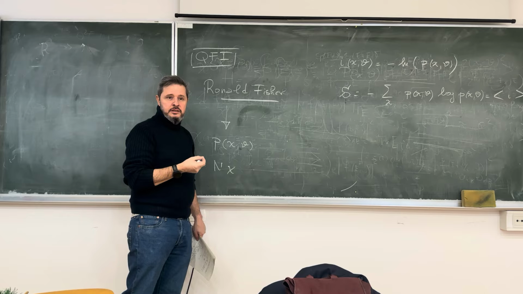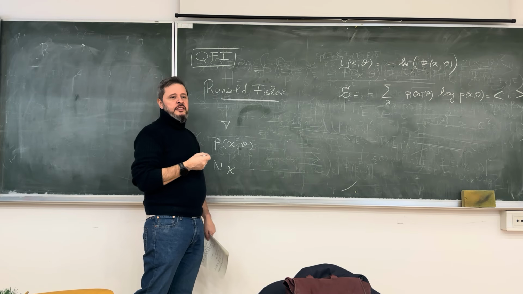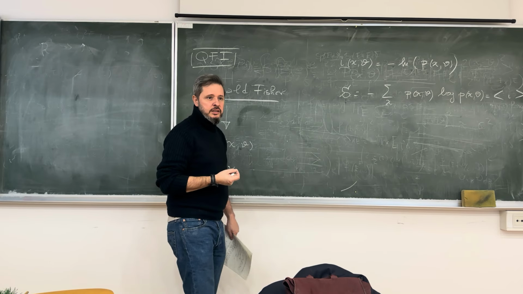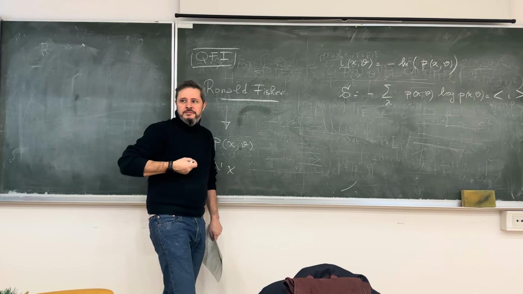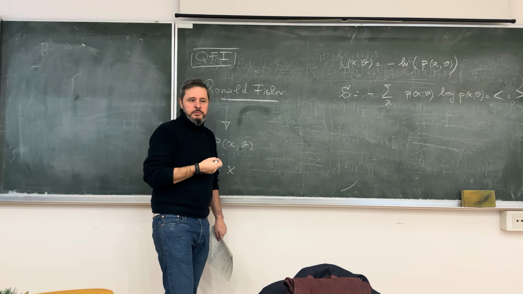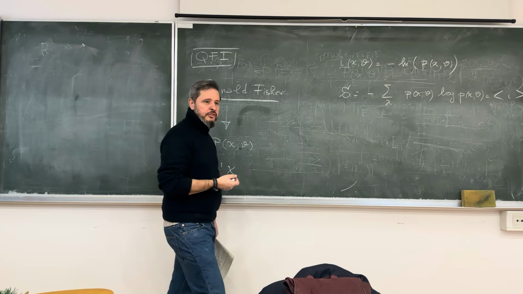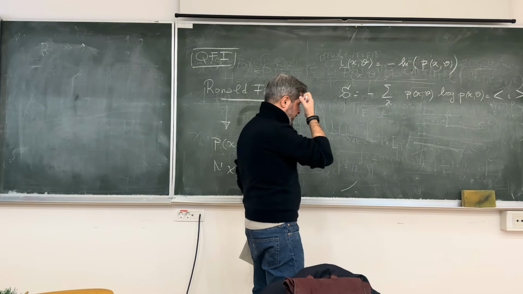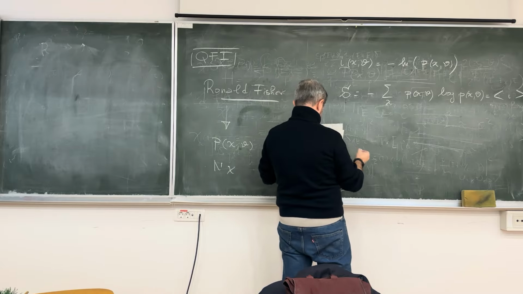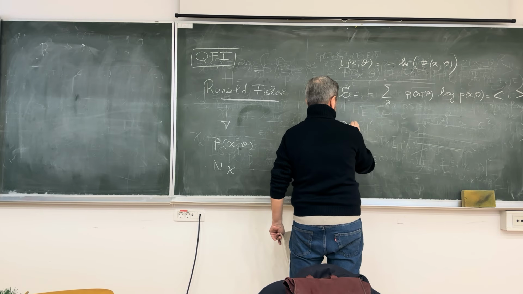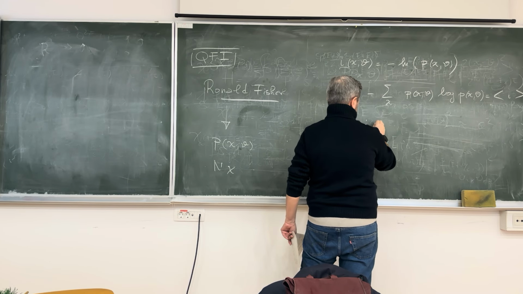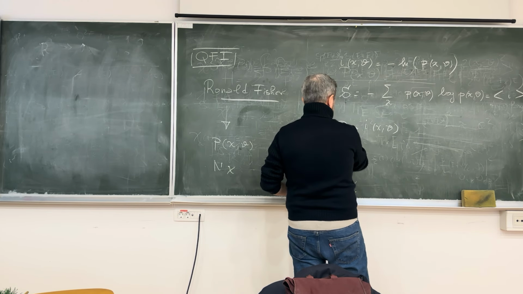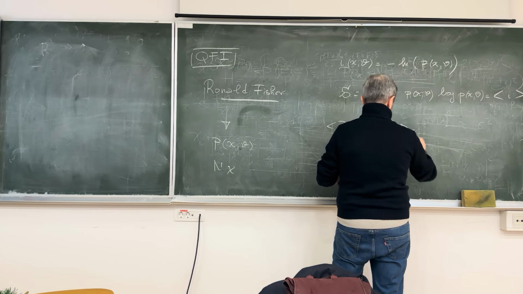Because if I vary the parameter theta and there is no information change, then the parameter is practically undetermined. If instead I have a large change of information, I will have a strong dependence. So what we tried to do was to take a single derivative of information with respect to theta, and then take the average of it.